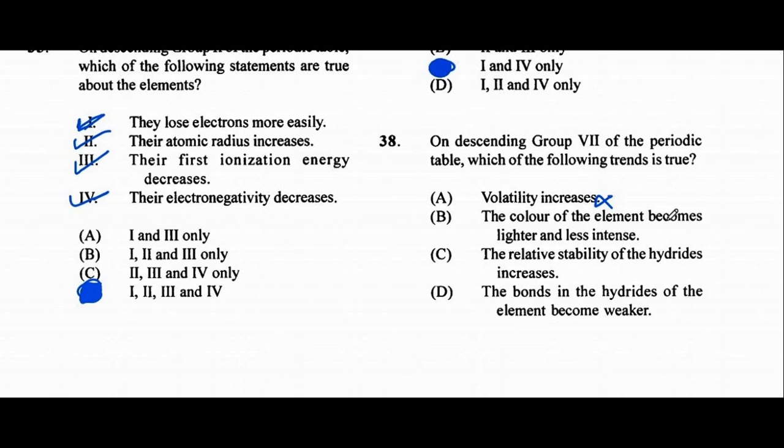The color becomes lighter and less intense. No, the color becomes darker and more intense. Let's say again: fluorine is pale green. Chlorine is yellow, or pale yellow.